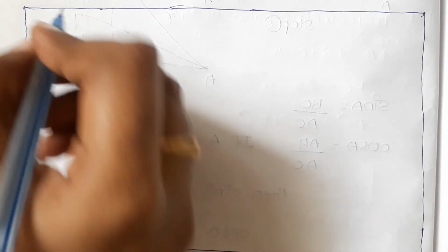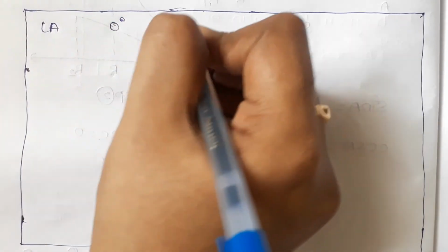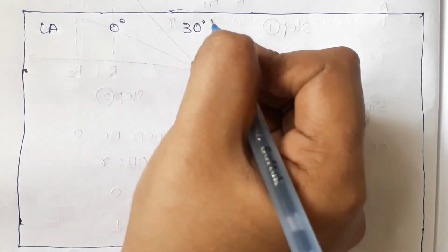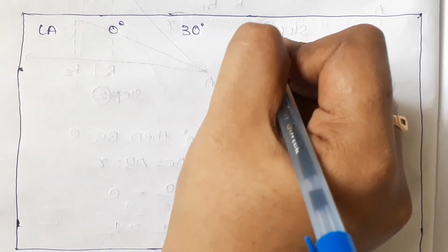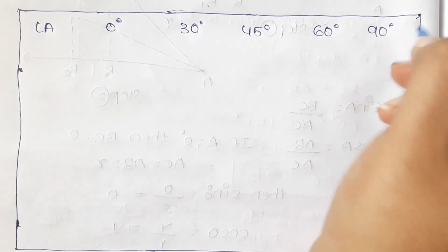And now here angle A is 0 degrees, 30 degrees, 45 degrees, 60 degrees and 90 degrees.